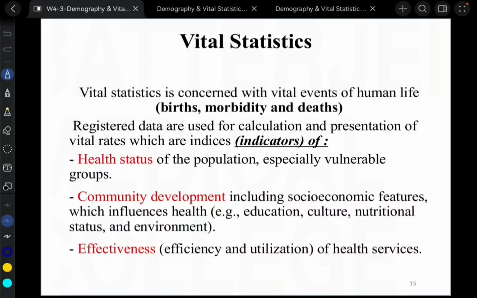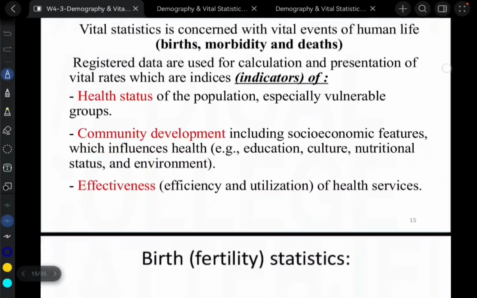And then community development, including socioeconomic features which influence health, like education, culture, nutritional status, environment, what affects the community as a whole, and then the effectiveness of the health service, so the efficiency and utilization of health service.